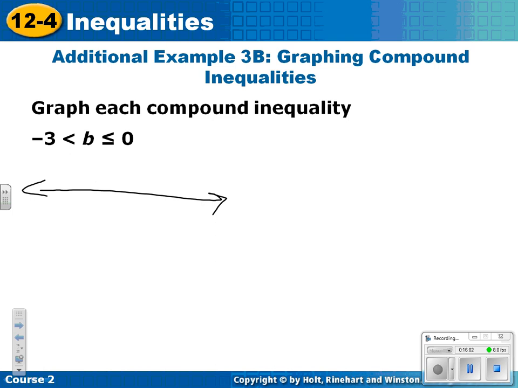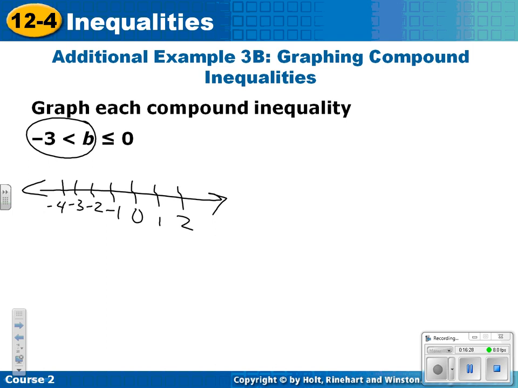Because first of all, if you were to graph this inequality, what you would do is look at this part first. And you would make your little number line. There you go, -4, -3, -2, -1, 0, 1, 2.